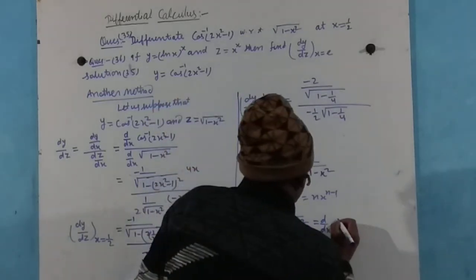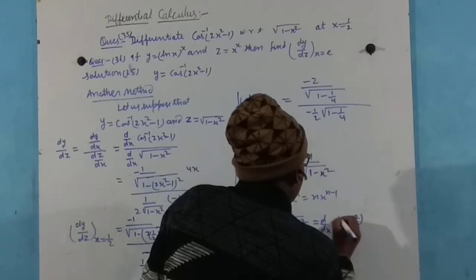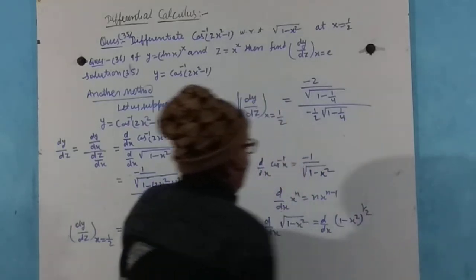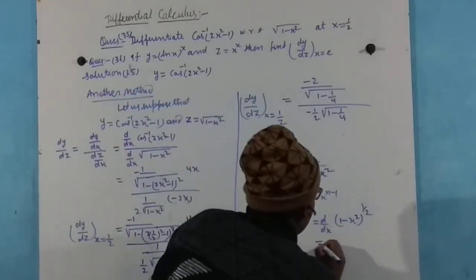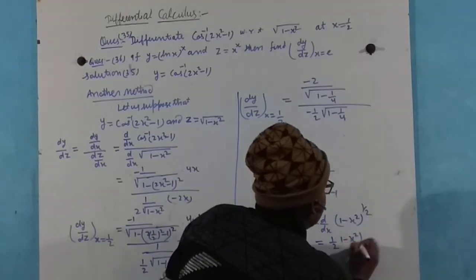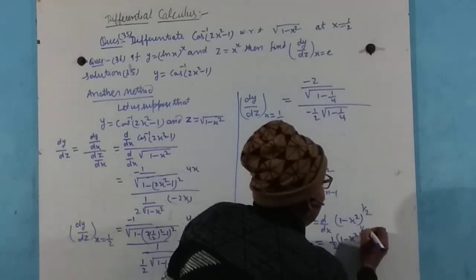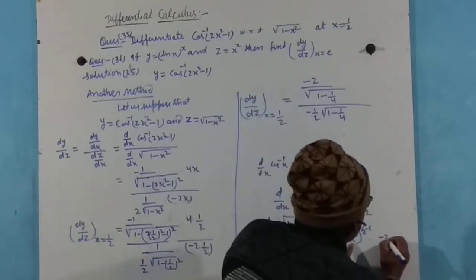This can be written as (1 minus x square) to the power half, and in the similar way this can be written as half into (1 minus x square) to the power half minus 1, and differentiation of this is minus 2x.